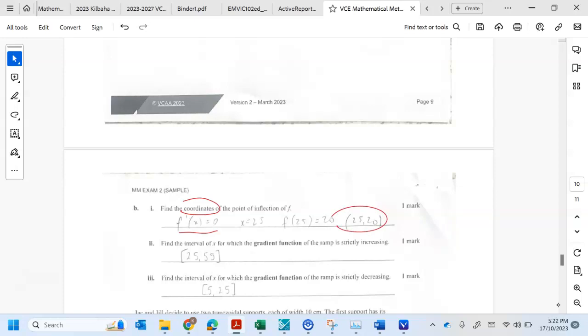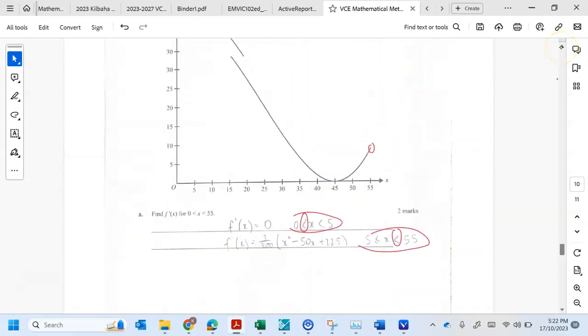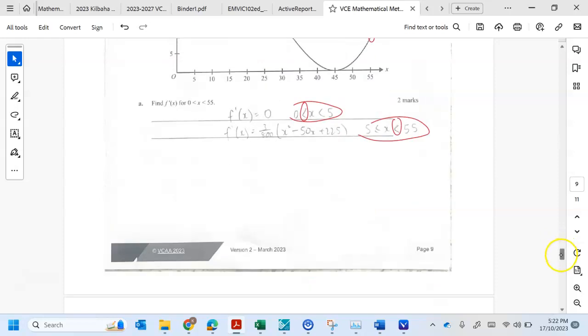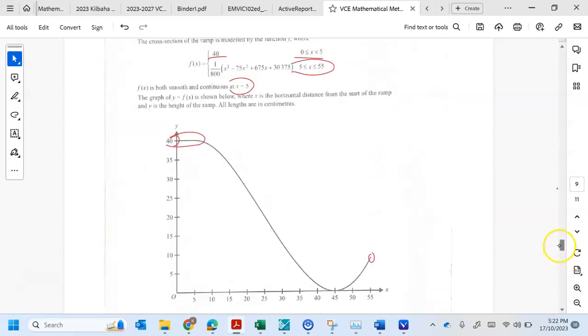Find the interval of x for which the gradient function of the ramp is strictly increasing. All right, so I'll just go back here. Our point of inflection was at 25, 20.